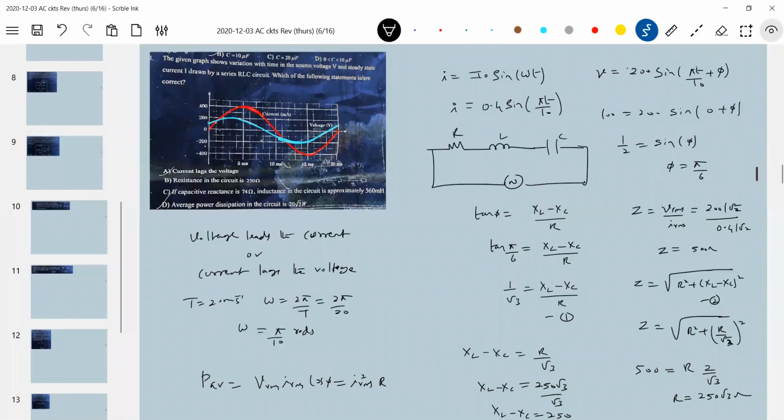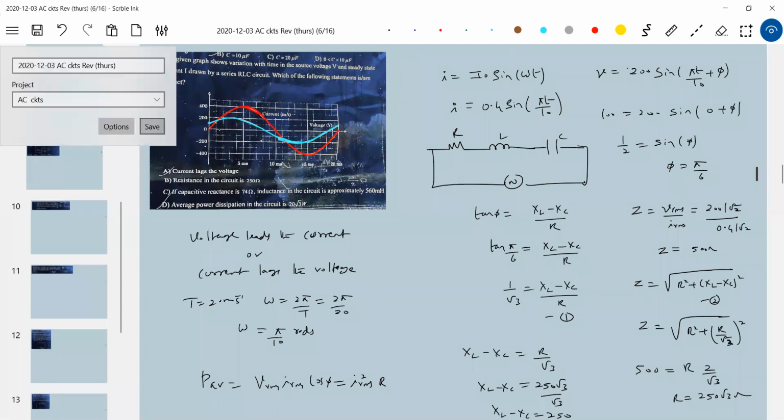Now I think this is a very good question: at any instant of time t, what can be the voltage across the capacitor, the drop across the inductor? That thing also we can express here with the help of this content. I'll go for the next one.